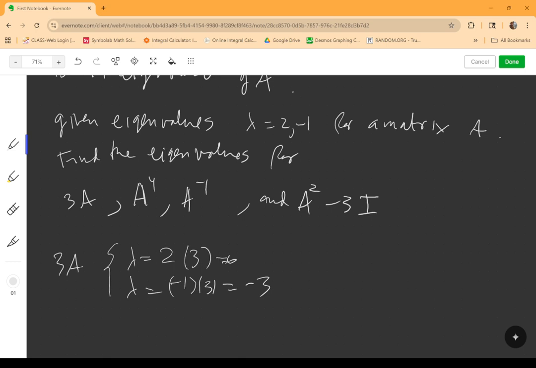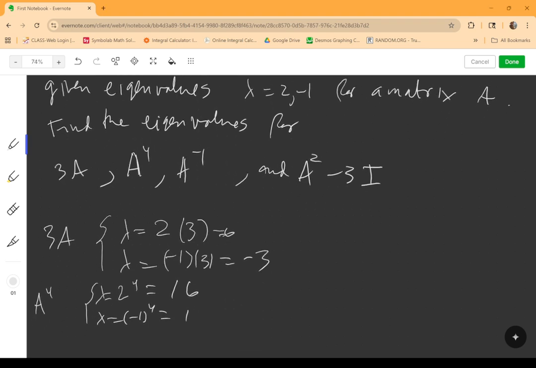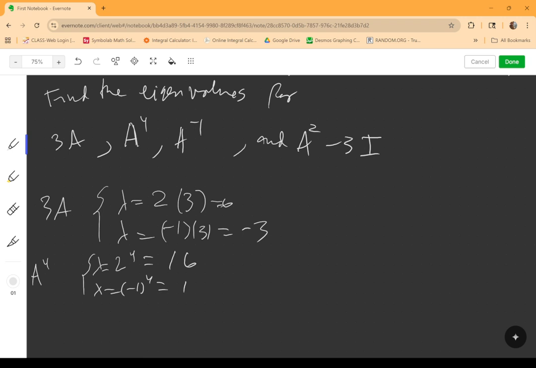All right, so that is for 3A. For A to the 4th, again using the theorems above, I know the 2 eigenvalues, so for A to the 4th, it's simply 2 to the 4th, which is 16, and -1 to the 4th, which is 1. Again, pretty straightforward. Just applying those theorems simplifies our calculations; we don't even need to do any calculations.